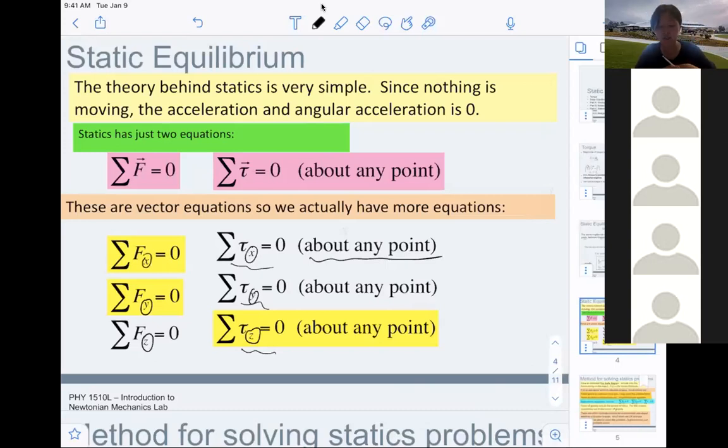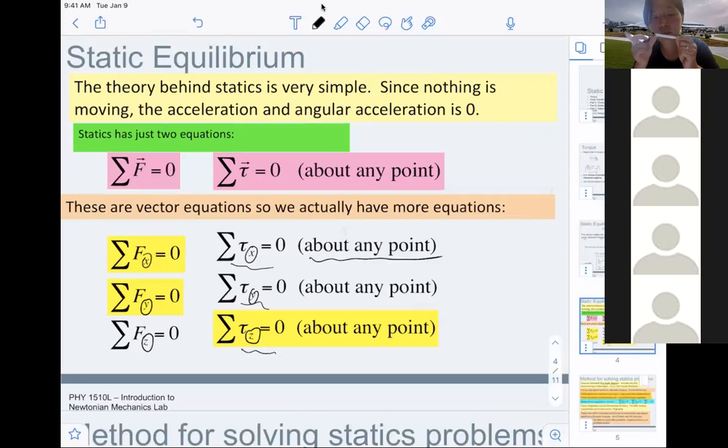Oftentimes we will pick it so that our calculation is easier, right? For example, if you have a hinge, and there's a force from the hinge and you don't really know what that force is, then if you pick the point of rotation right at the hinge, it simplifies your calculation, because the force by the hinge itself is not going to give you any torque since it has no lever arm, right?